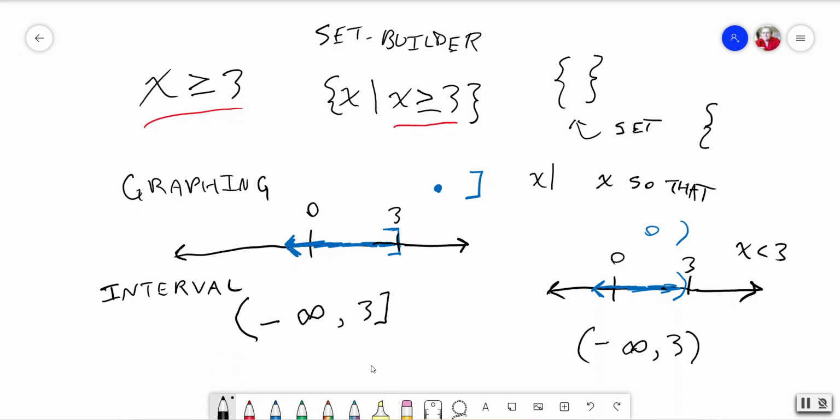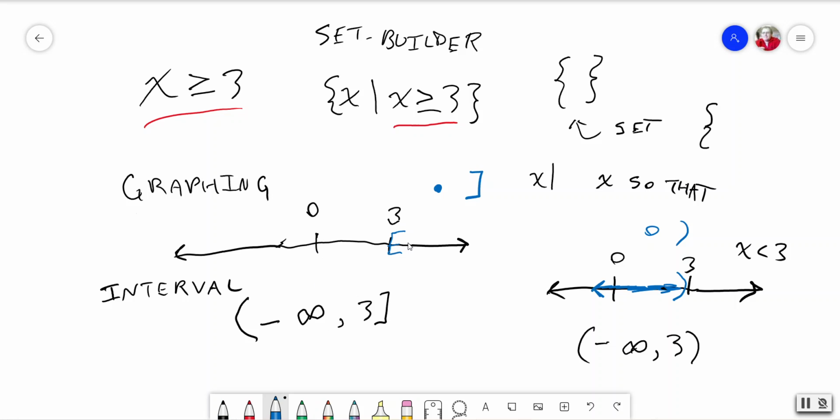The bracket would turn the other direction, the arrow would go the other way, and you'd write the interval as bracket 3 up to positive infinity. This one is the one students usually make the mistake on. They want to write it backwards, but you're always reading from left to right.